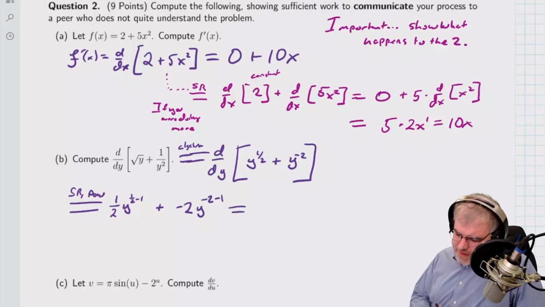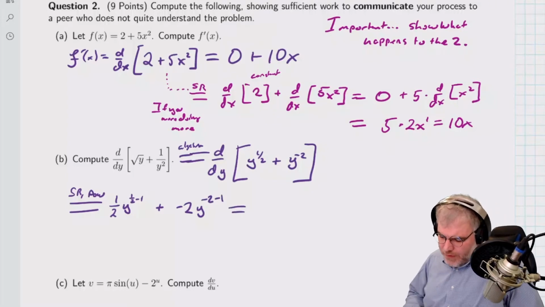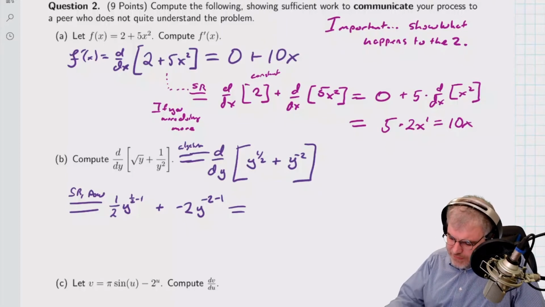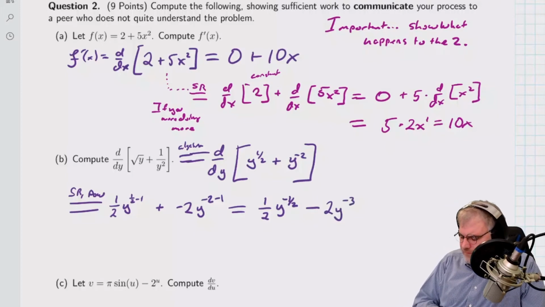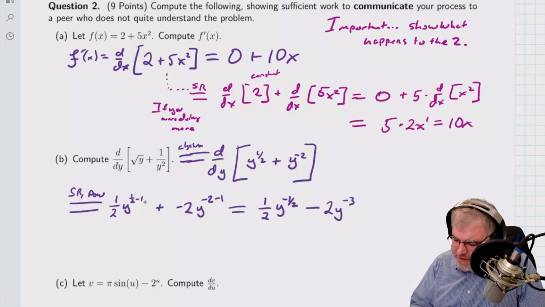And that's going to be, okay, so now I've broken it up, kind of everything. Now I'm going to do the thing. So this is going to be 1/2 y to the -1 over 2 minus, because that's a minus, and then this is 2y to the -3. I'm going to be very careful with these because they're fractional exponents, right?